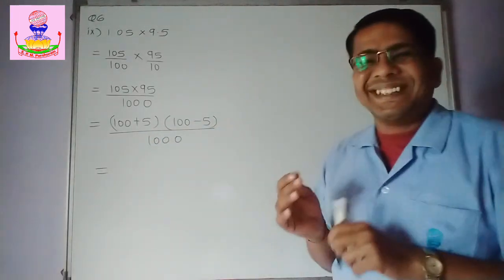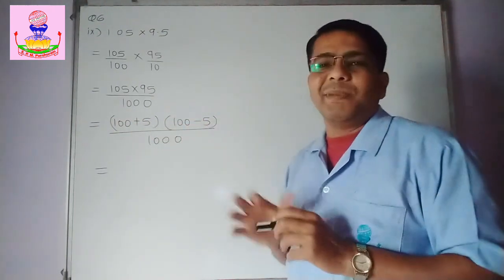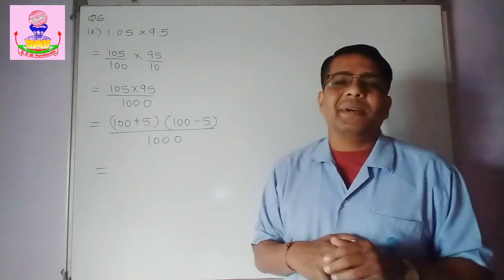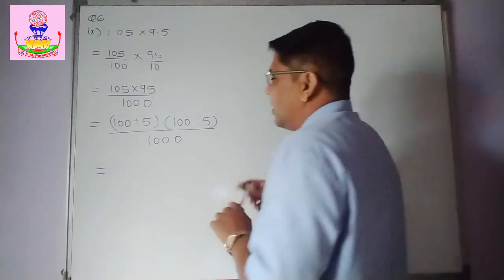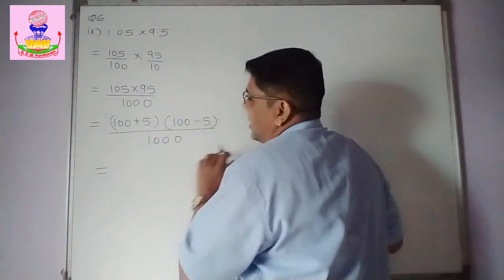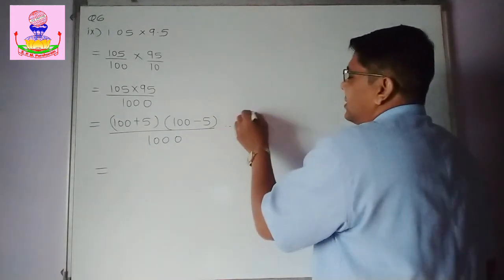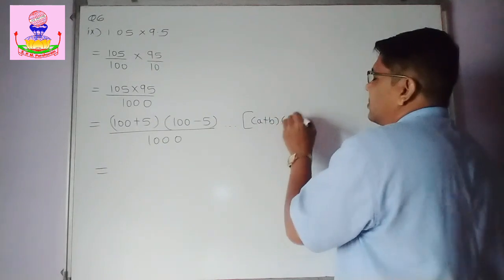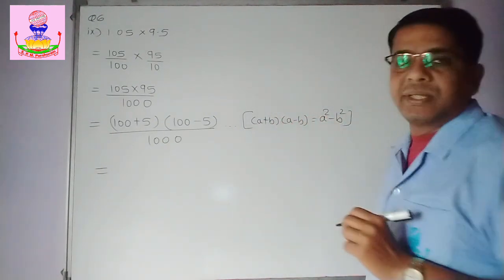Now see, a plus b into a minus b, identity number third. So a plus b into a minus b is equal to a square minus b square.